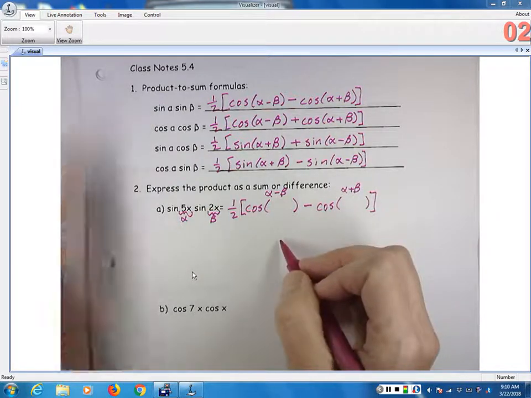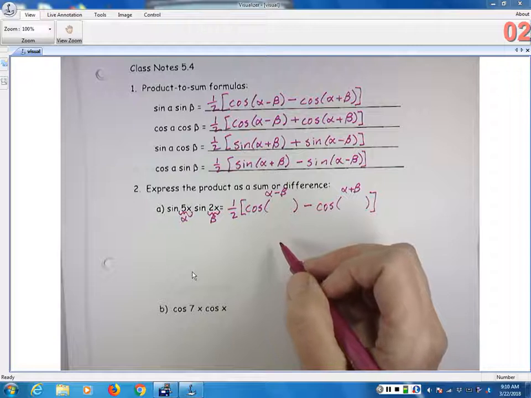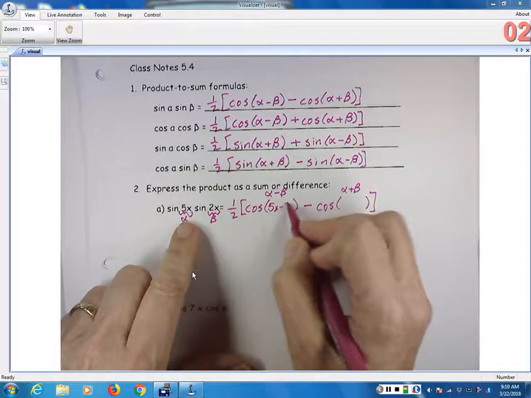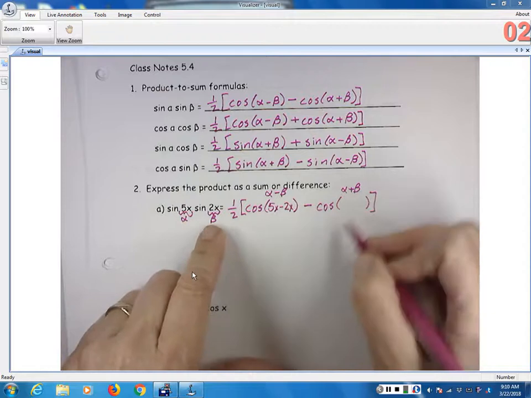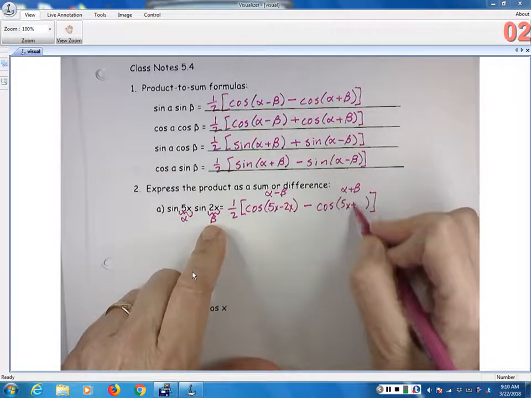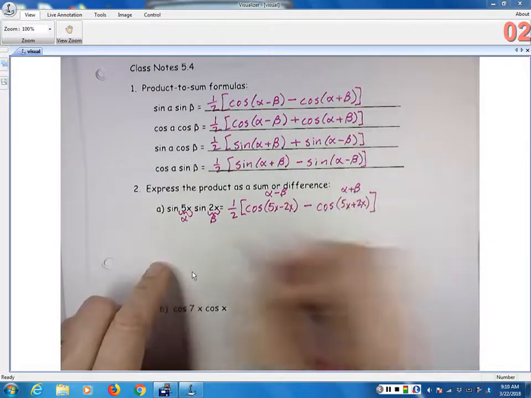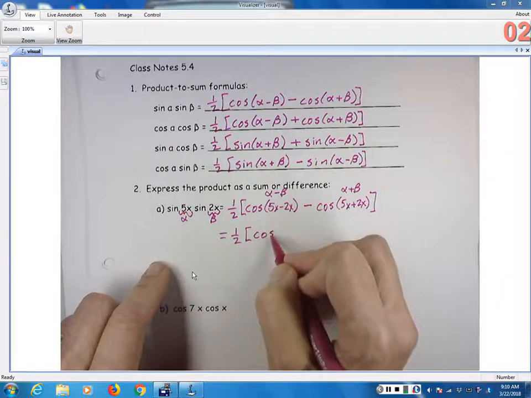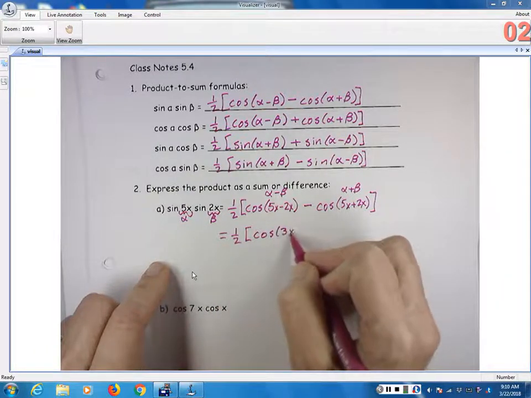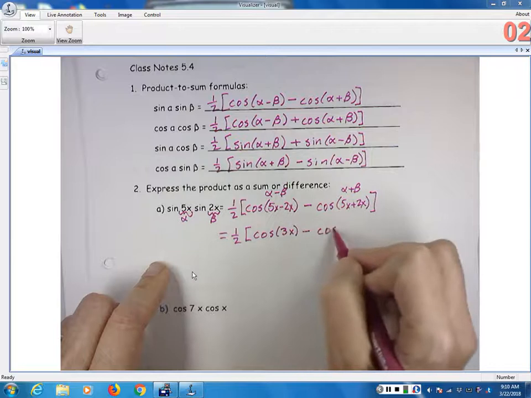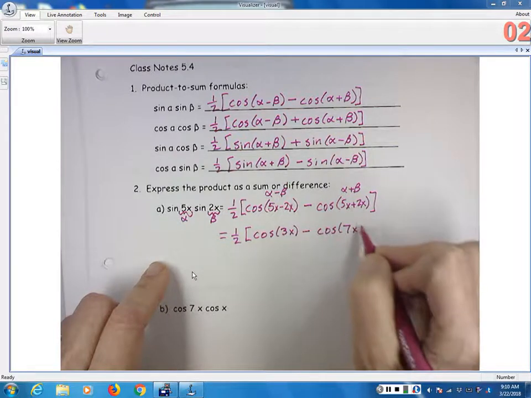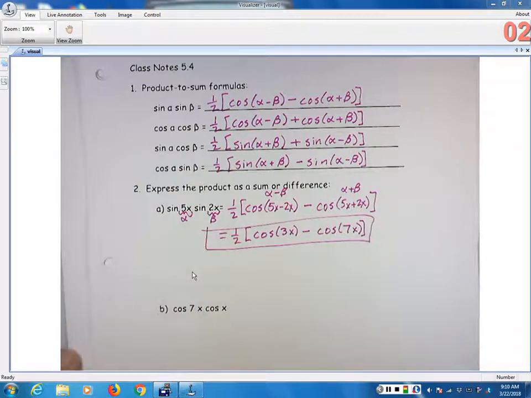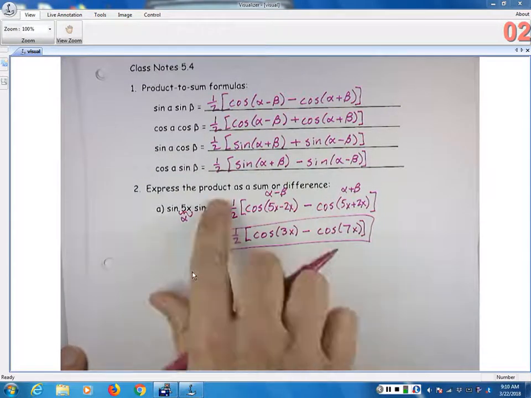Copying it carefully from the formula sheet: 5x minus 2x, 5x plus 2x. So that simplifies to 1/2 cosine of 3x minus cosine of 7x. And that's the answer, expressed as the product as a sum or difference.